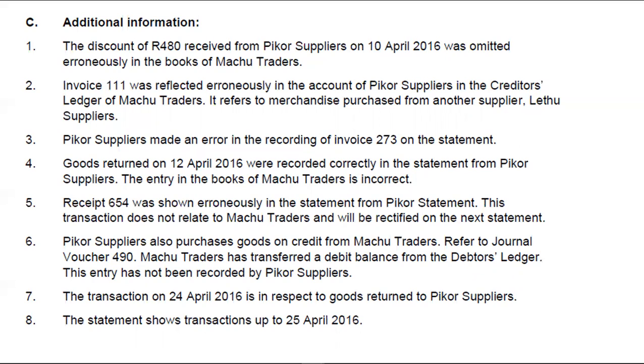And then they say invoice 111 was reflected erroneously in the account of Pico suppliers in the creditors ledger of Manchu traders. It refers to merchandise purchased from another supplier. So we incorrectly credited Pico suppliers, so we don't owe them that amount. So we need to go to our creditors ledger and subtract that amount.